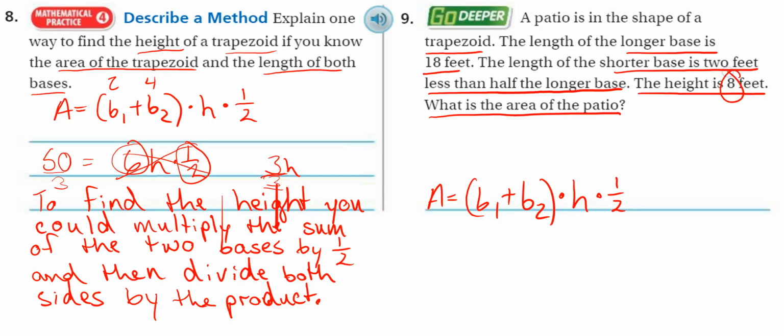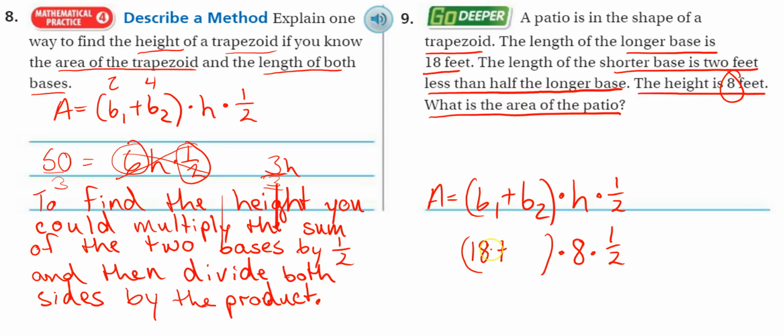Well, they told me the height is 8, so I'm going to plug that in, 8. They told me the length of the longer base is 18, so plug in 18 for one of the bases, plus the shorter base is 2 feet less than half.